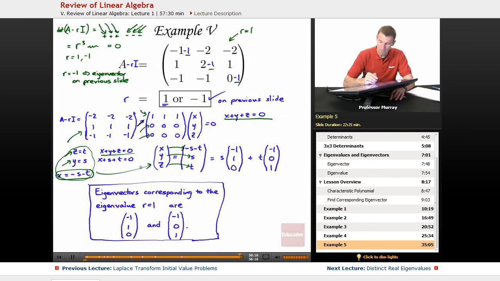Plugging those back in. And then I can factor out into an s vector and a t vector. I factored out the coefficients of s here and the coefficients of t here. And so those are 2 independent eigenvectors corresponding to r equals 1. Those are the 2 eigenvectors that I associate with the eigenvalue r equals 1. And so I've found all the eigenvalues and eigenvectors of this matrix.